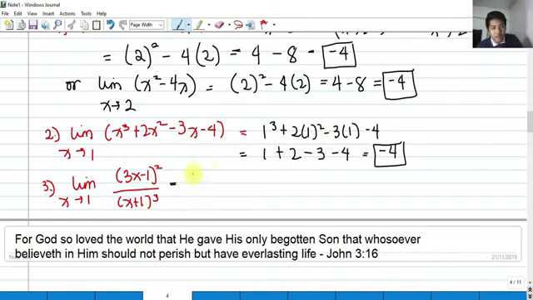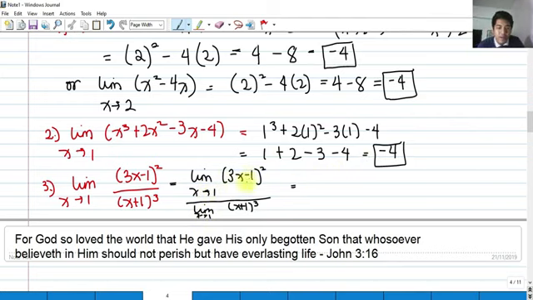By our property, we can have the limit of (3x minus 1) squared as x approaches 1 over the limit of (x plus 1) cubed as x approaches 1. Furthermore, we can simply substitute the value of 1. That is still the same if we rewrite the square outside of the parentheses. So we simply substitute the value of 1 as a shortcut.